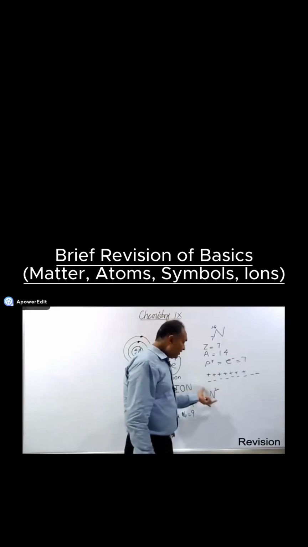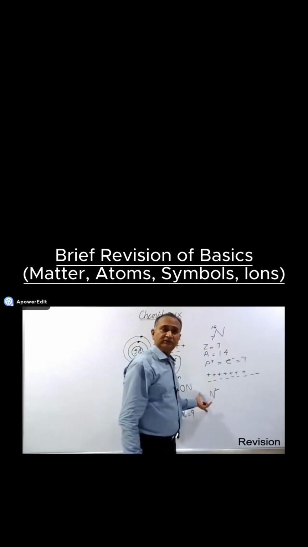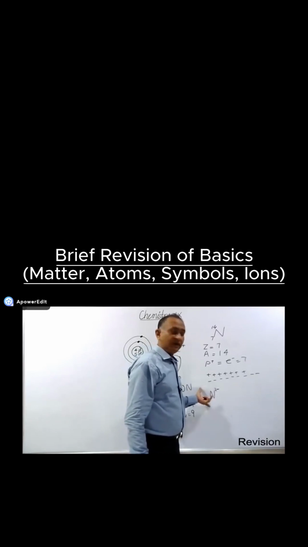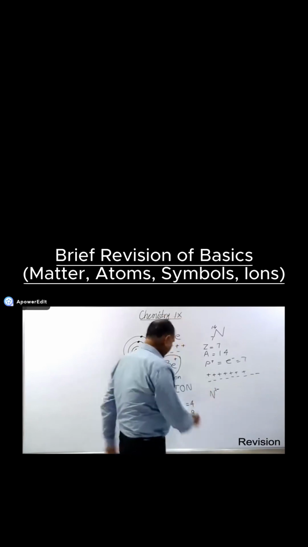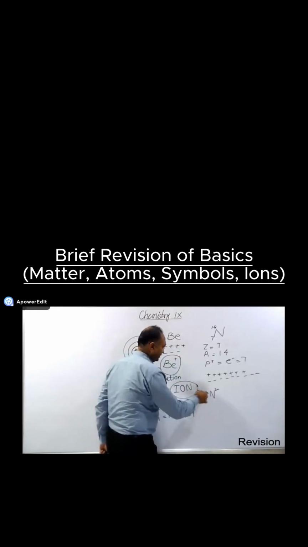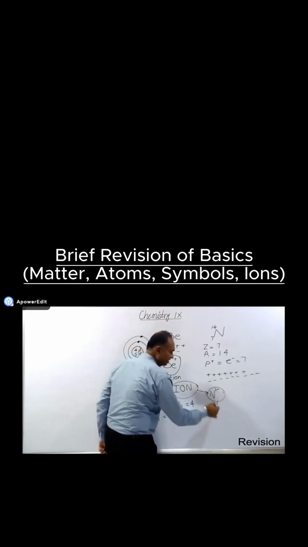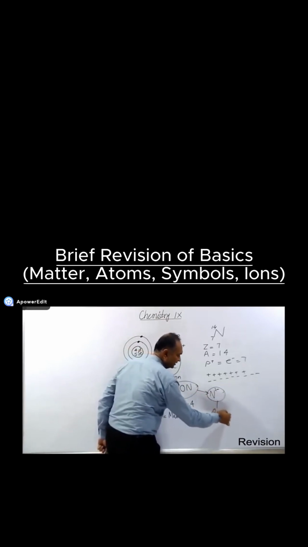Okay, so now this nitrogen is not neutral. It is carrying a charge, so it has become an ion again. But since it is carrying a negative charge, that is why this is called an anion.